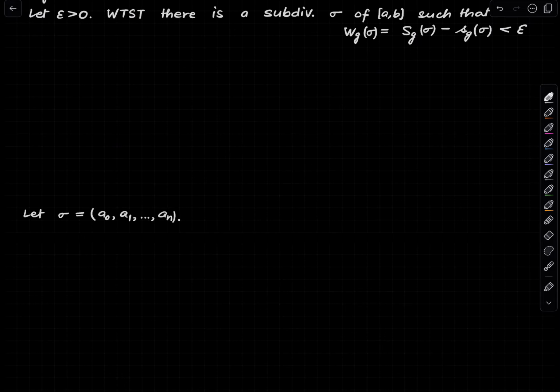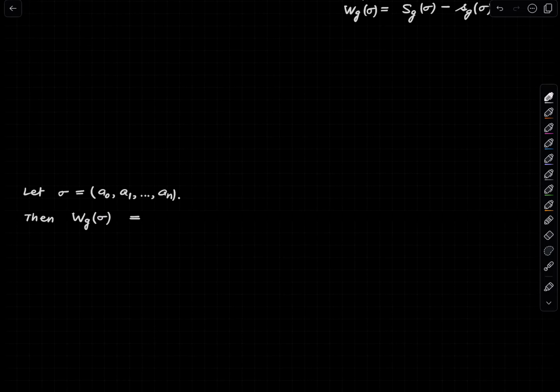So sigma is this subdivision, let's say. What is this oscillation? This is equal to, by definition, this thing. So again, this is the supremum of g over the ith part minus the infimum of g over the ith part of sigma, times the length of the ith part.